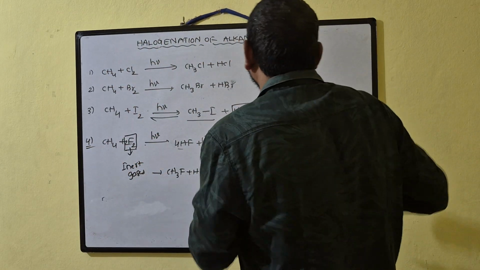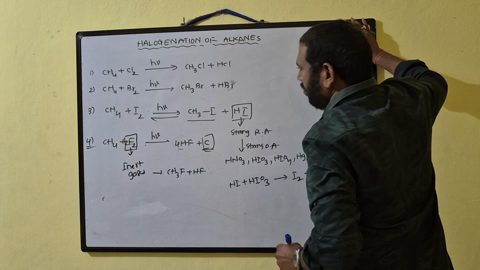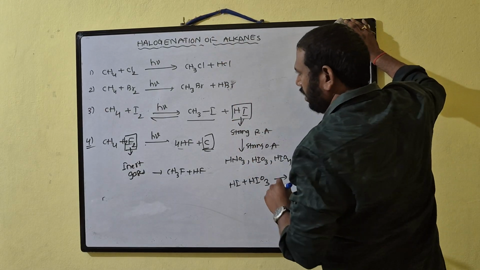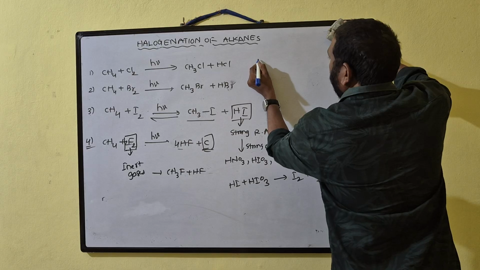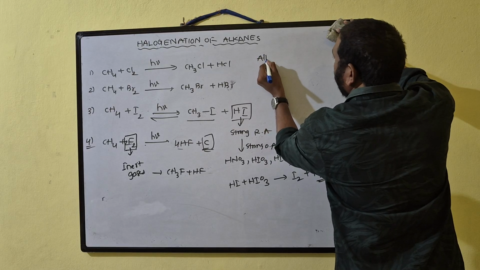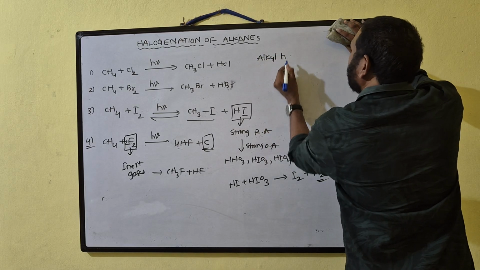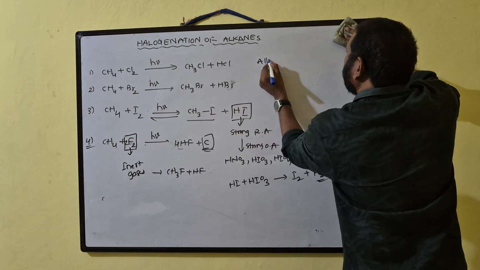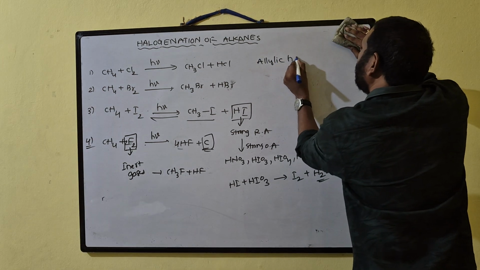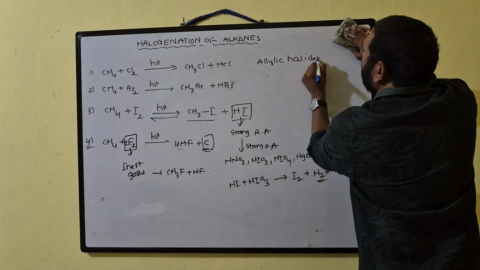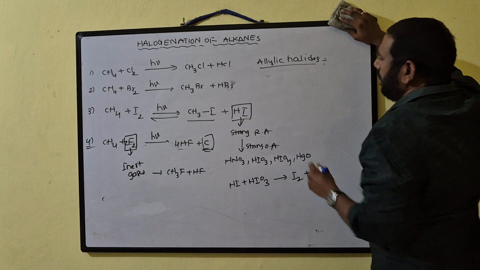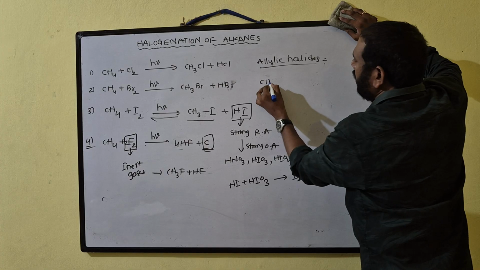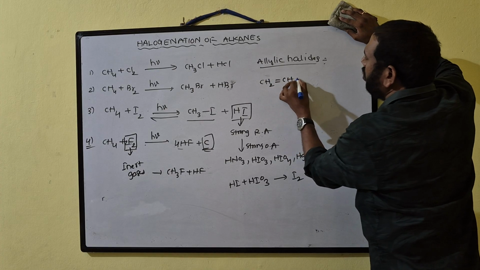Now I wanted to discuss the preparation of alkyl halides and allylic halides. For example, I have taken propene, CH2 double bond CH single bond CH3.